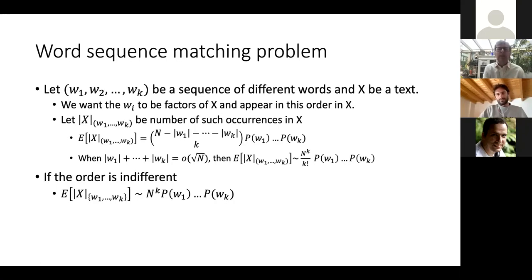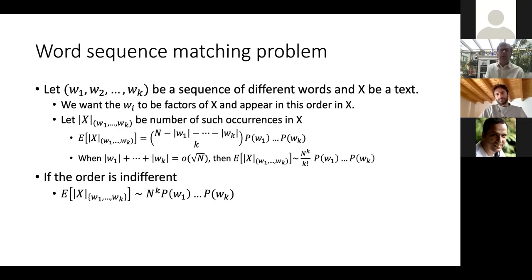And when basically the span of the factors is negligible compared to the length of the text, you have this formula: it is the size of the text to the power K times the product of the probabilities for each factor.